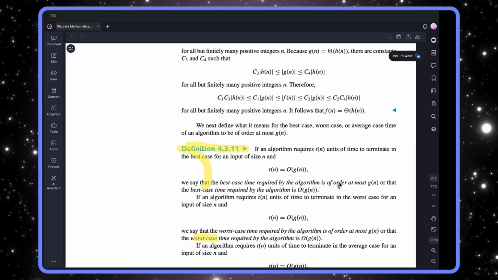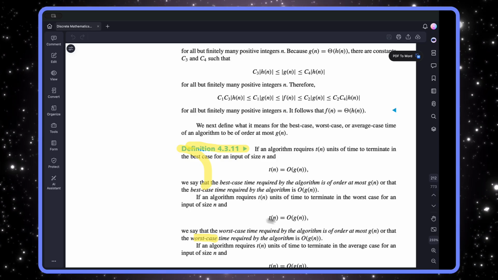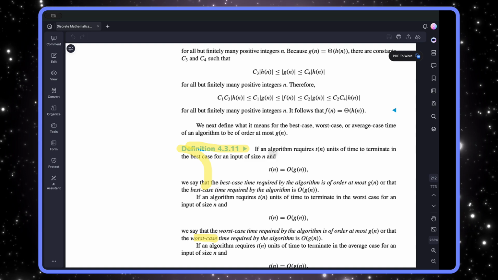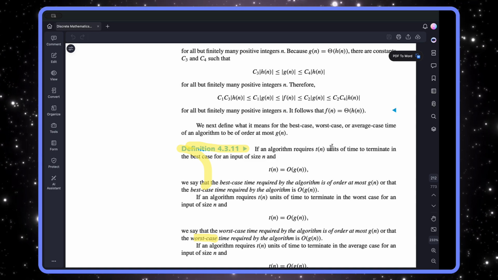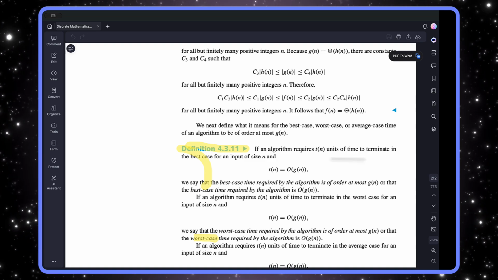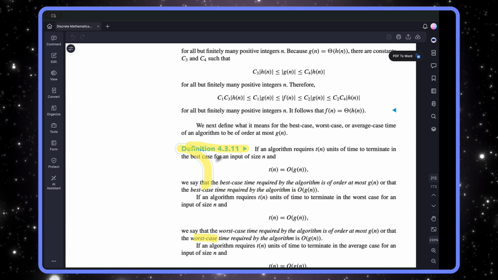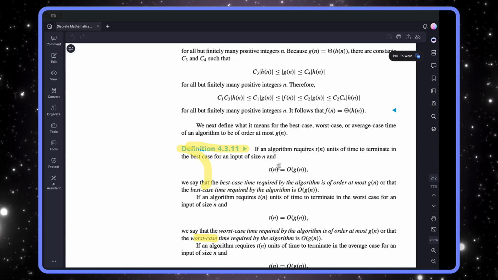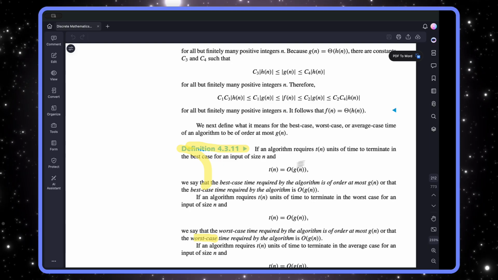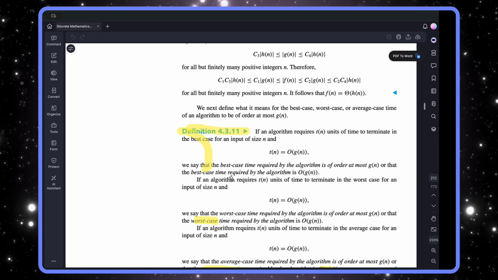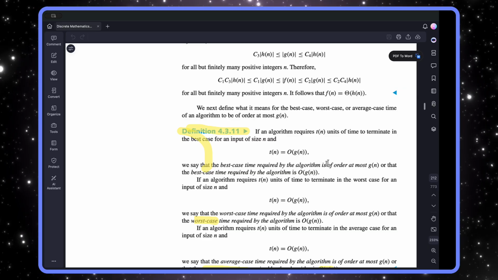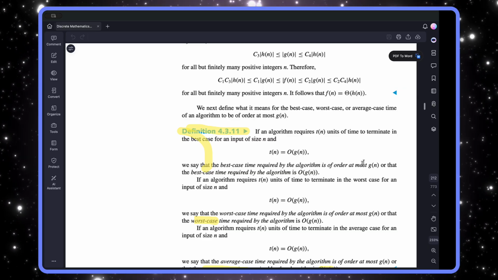Here's a definition that we need to look at. I'll just read it. If an algorithm requires T of n units of time to terminate in the best case for an input of size n, and if T of n grows like g of n, we say that the best case time required by the algorithm is of order at most g of n.